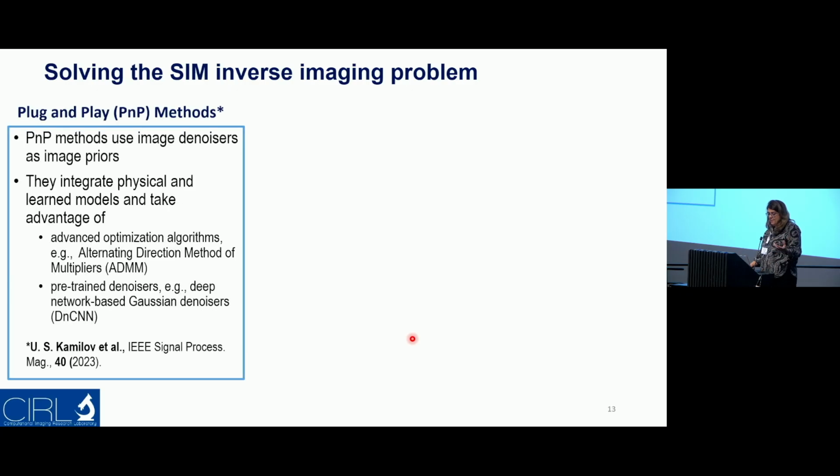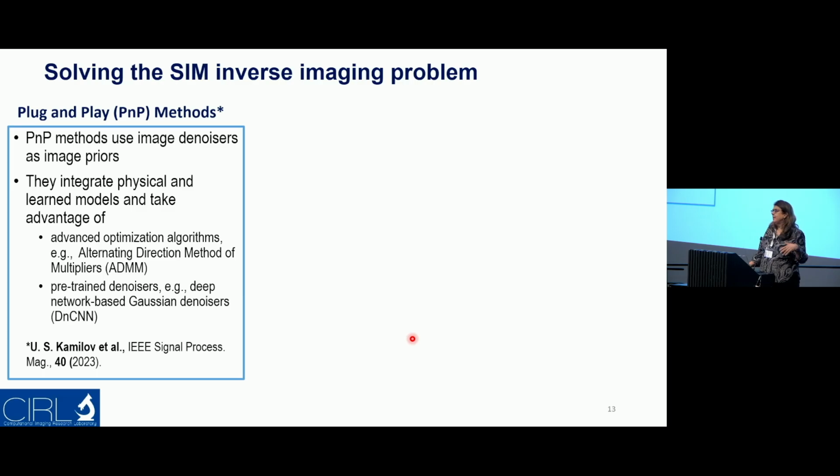So some newer, more recent approaches that we use is leveraging the plug and play methods, which I trust many in the audience are familiar with. Plug and play methods use image denoisers as image priors.